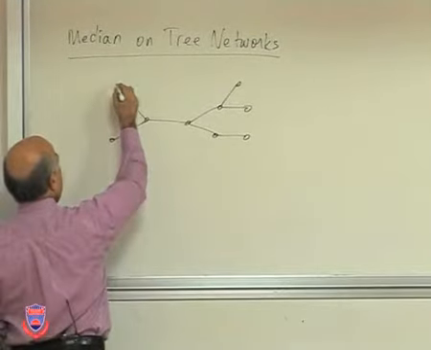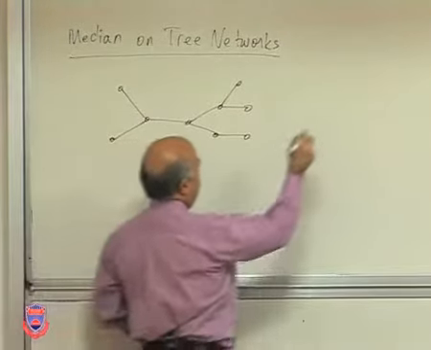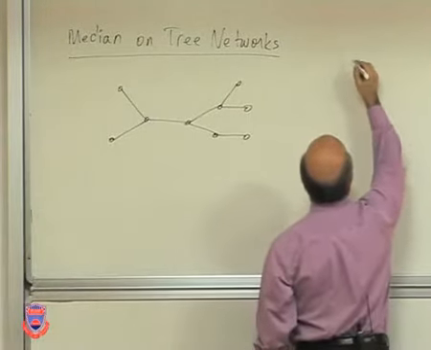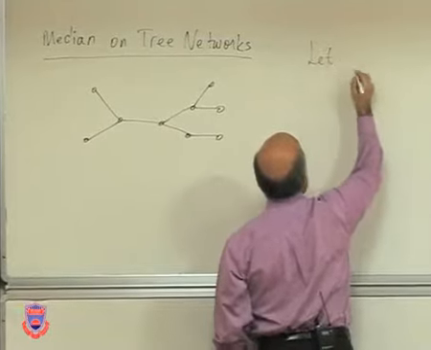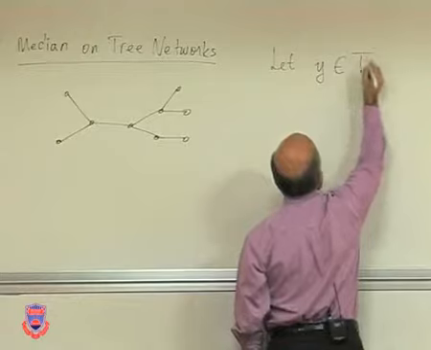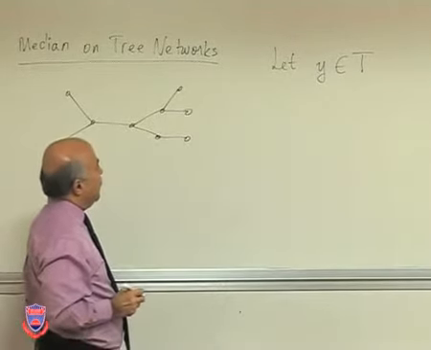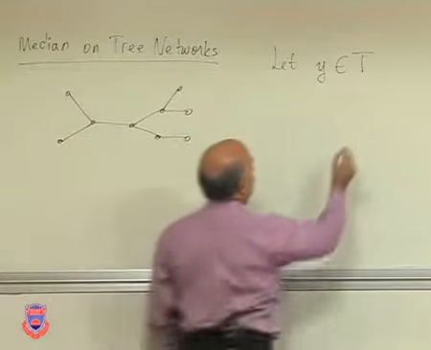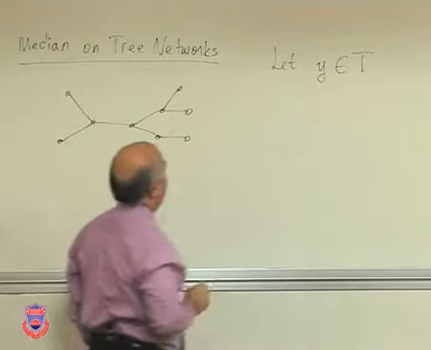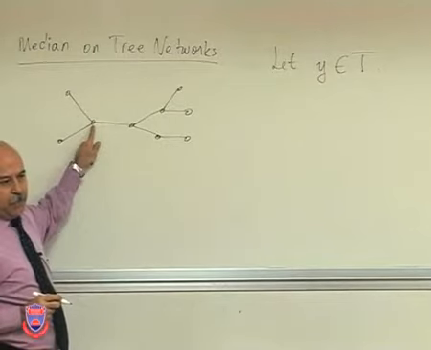Let's not put weights on it, but let's just go ahead and do the following. Let y be a point of the tree network on n vertices. Now y can be an interior point or can be a vertex point.